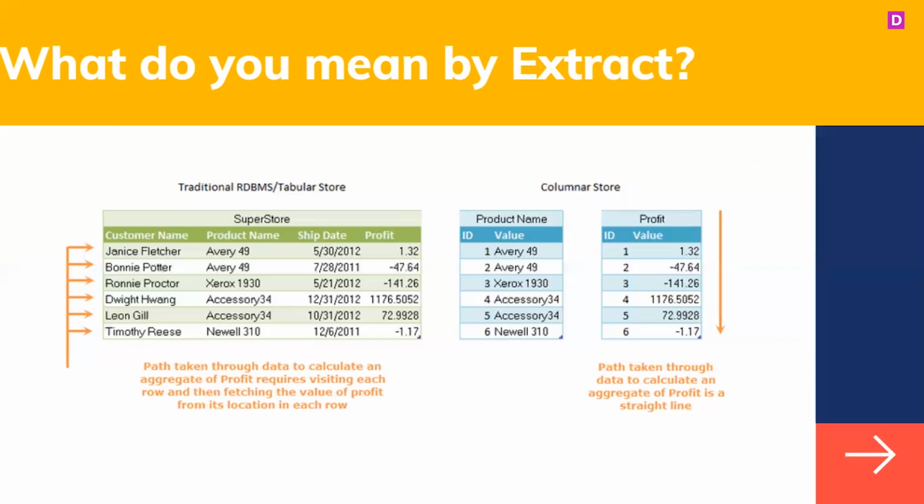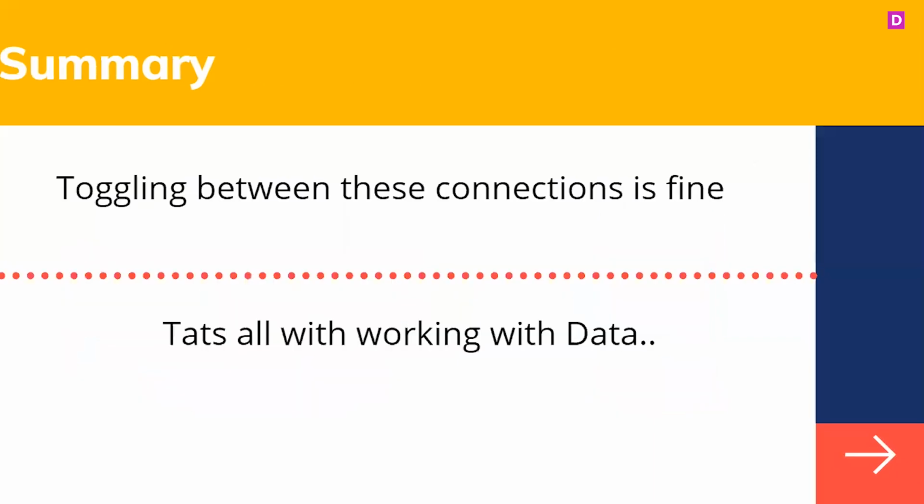And these are two different ways that you can make use of it. Depending on the situation you are working in, toggling between these connections is fine. So I just gave you an idea about the meaning of live and extract connection data sources, and when to use what.